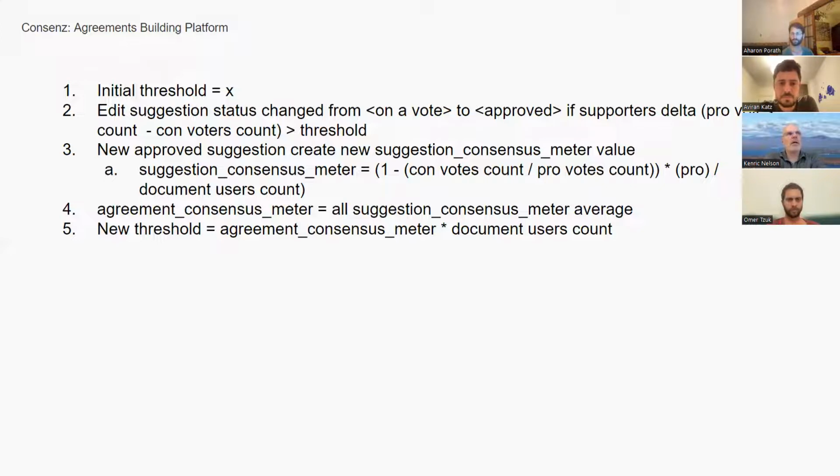And let me ask this question. If the threshold was just some percentage of support, would that be different from what you're doing here? I'm not clear how the adaptation works. And I'm wondering whether there's some simpler definition that's actually equivalent to what you've outlined here.